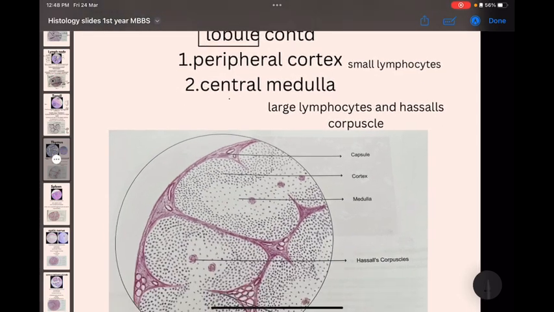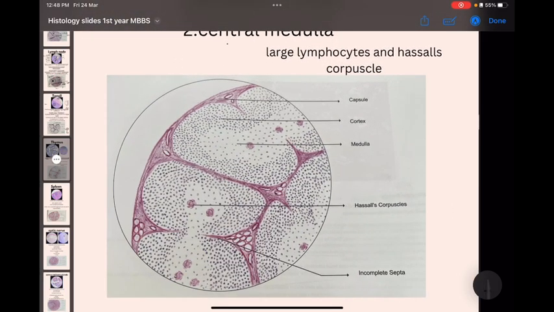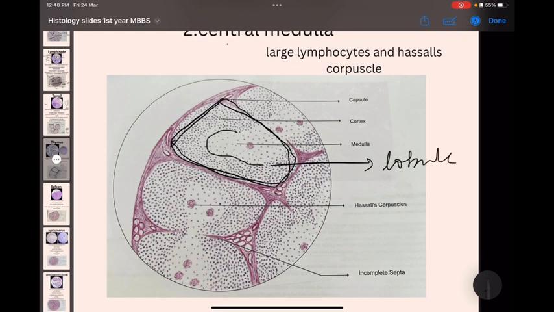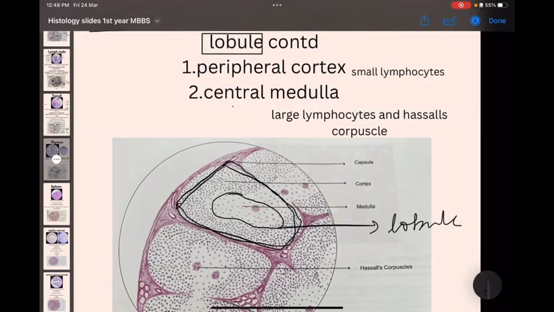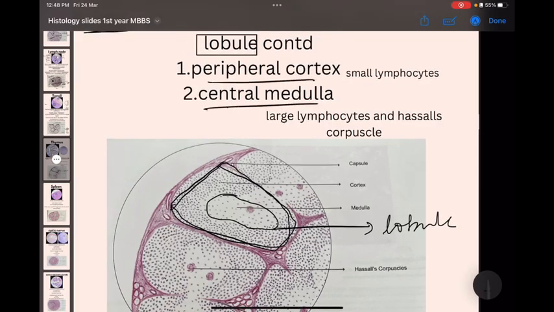If you consider this diagram, this is a principal unit, also called the lobule. It contains the cortex and medulla inside. See the peripheral cortex and central medulla.